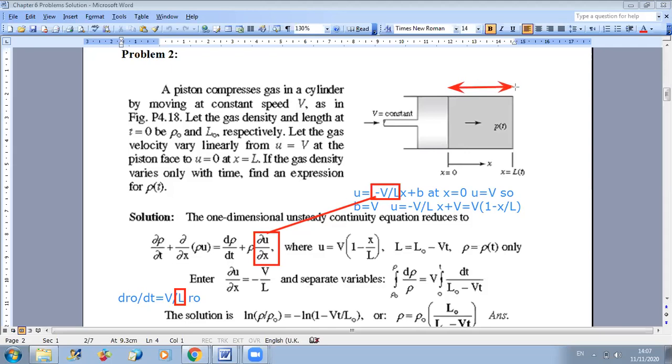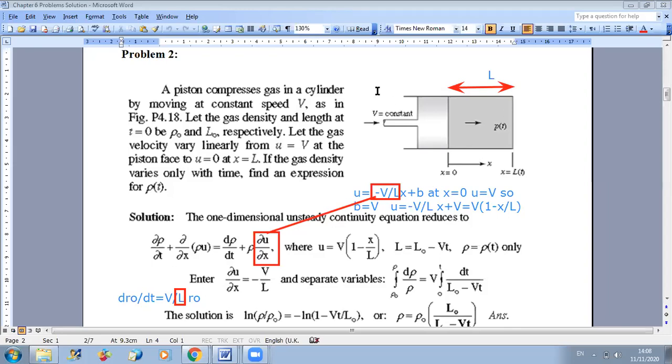Okay, but who will tell me how I can find the variation of L with time? As I move my piston, L will decrease. L can be directly related to time because I am pushing my piston at constant velocity. So L will decrease in a linear way with time.